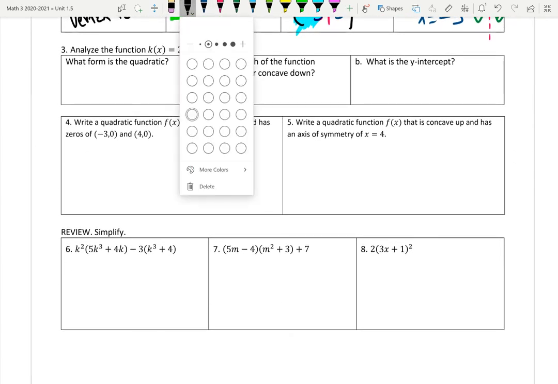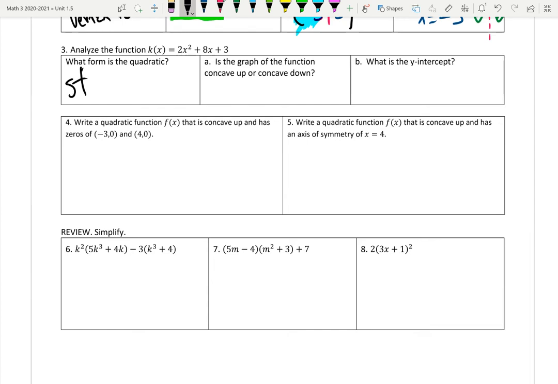This last guy is in standard form. Standard form is essentially simplified form. Is the graph concave up or concave down? It's going to be concave up because it's positive. And I know that since it's being doubled, it is going to be expanded, stretched.